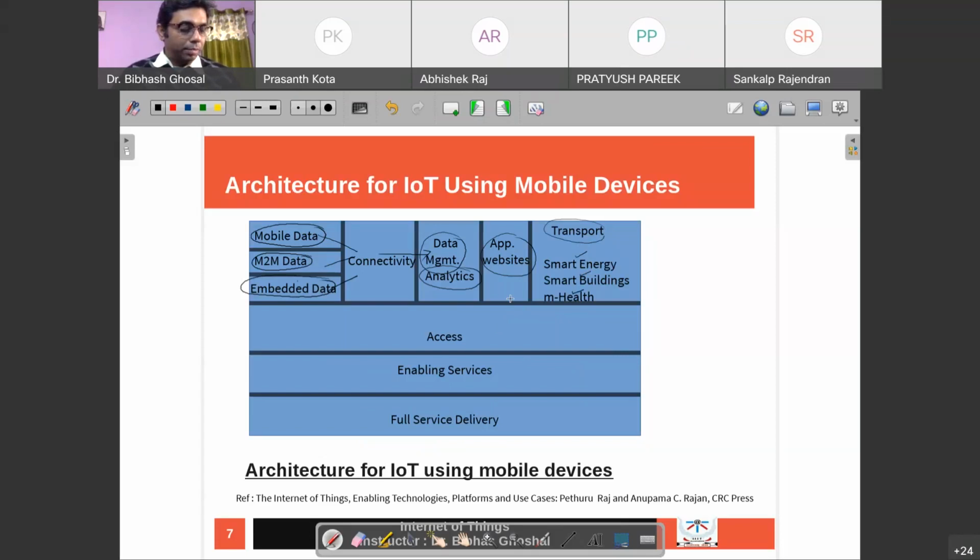Now, apart from that, if you're using mobile, you need to have some kind of service delivery, right? Because you need some kind of services, and the services will be spanning across different applications.